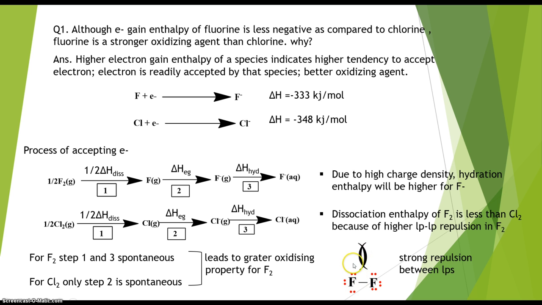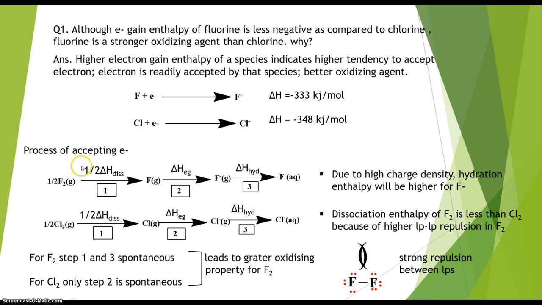That means whenever repulsion is highest between the lone pairs of fluorine atoms, this fluorine-fluorine bond will be cleaved easily, right? Less energy is required to break this bond, because of the presence of the repulsion, the fluorine molecule will try to avoid this repulsion. So we have to give very little energy to break this fluorine-fluorine bond, right?